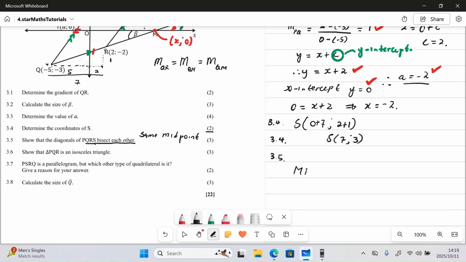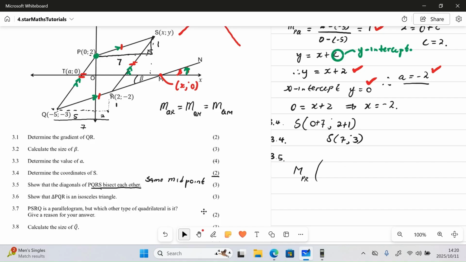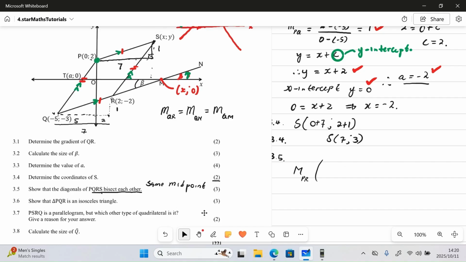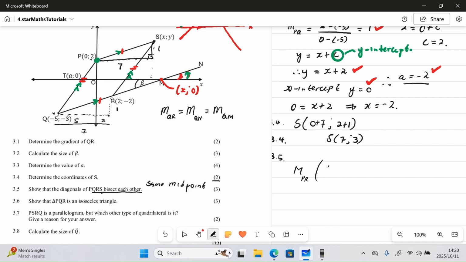What is the midpoint of PR? Big letter M, PR. Midpoint formula: x2 plus x1, over 2. So our x2 is how much? x at R is 2, x at P is 0, divided by 2.